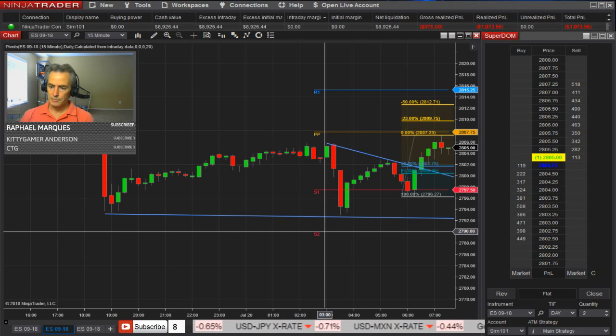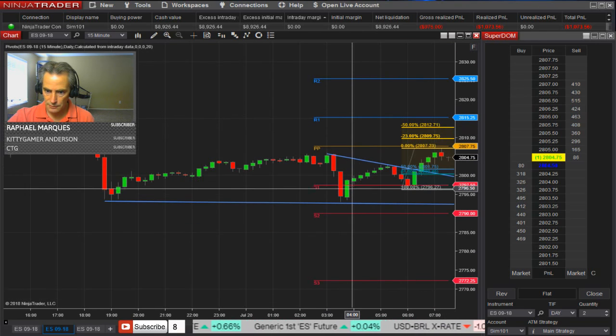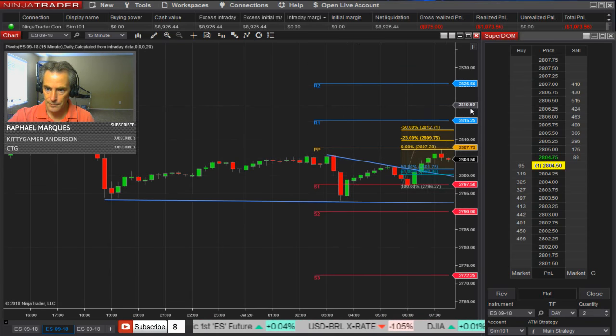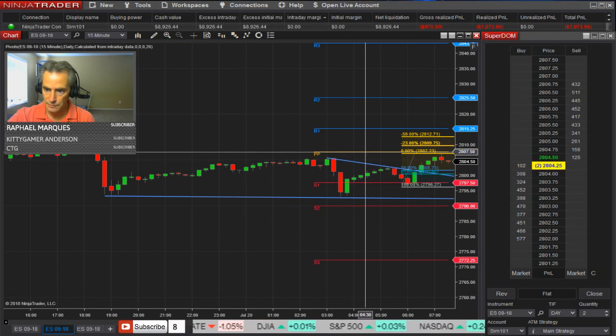Those pivot points are based on daily highs and daily lows, and then there's some math to it that they divide and add. But it comes up with these pivot levels. You have your 3 supports, 3 resistances, and your main pivot point.